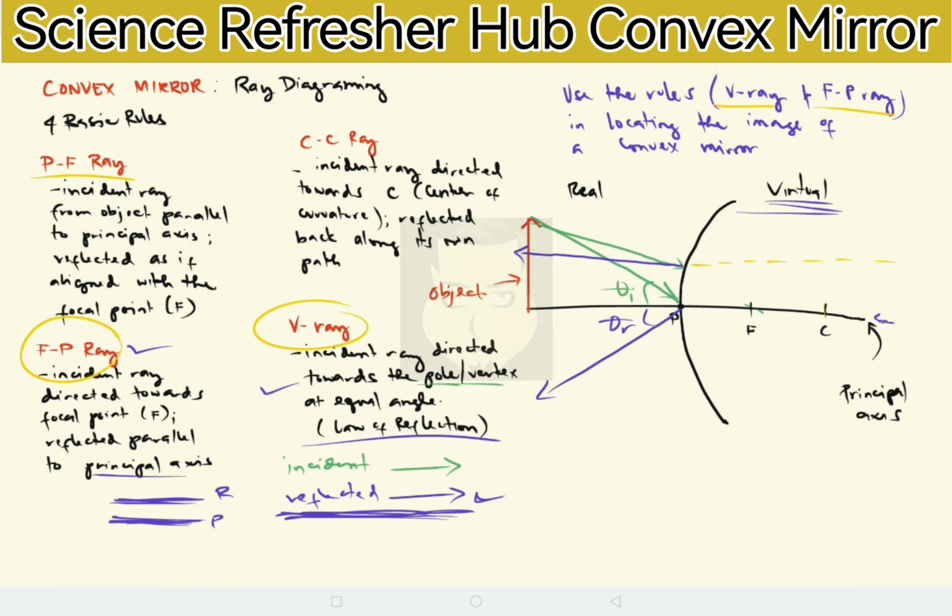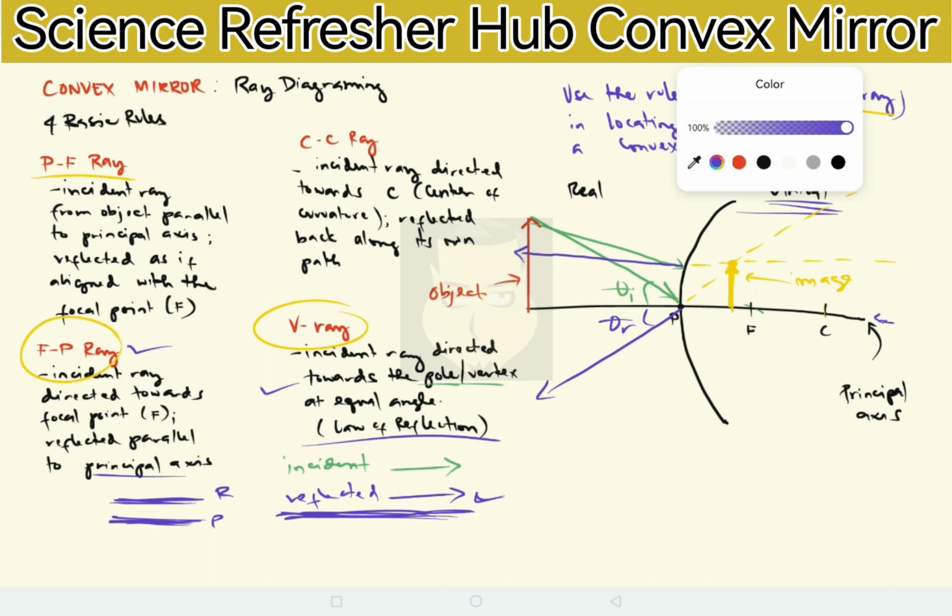That's it. And then the other one, there you go. So there is now an intersection at this point, and this is where we are going to draw our image. This is the object, and this is going to be our image formed. So the characteristics of the image formed in a convex mirror.